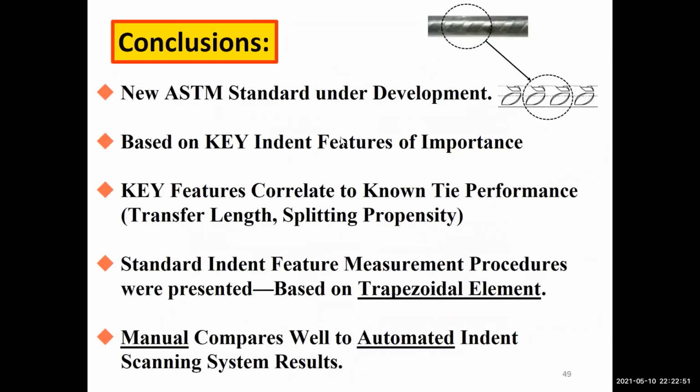Now, what we've done here very quickly is just kind of proposed a new standard. This standard is currently still under development. It has the advantage, though, of identifying the key features. It includes the key features that are correlated to tie performance, namely transfer length and splitting propensity.